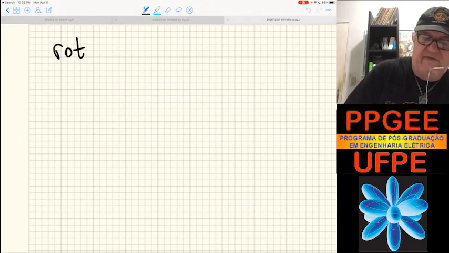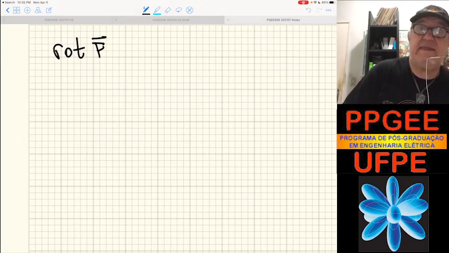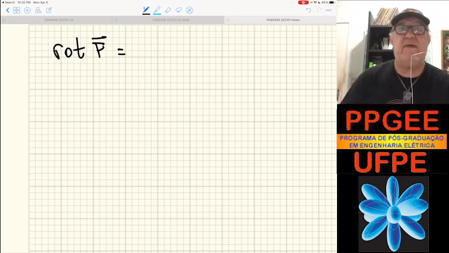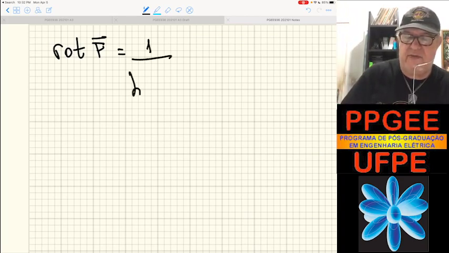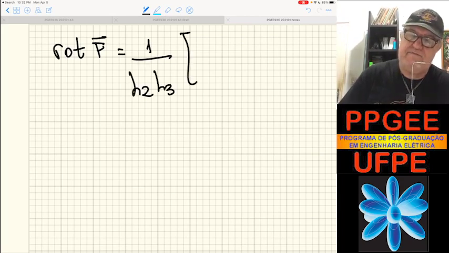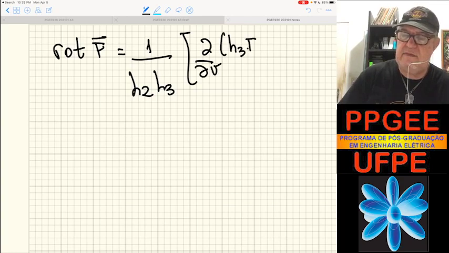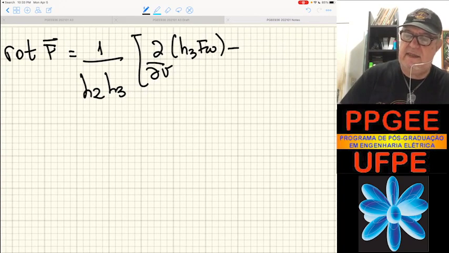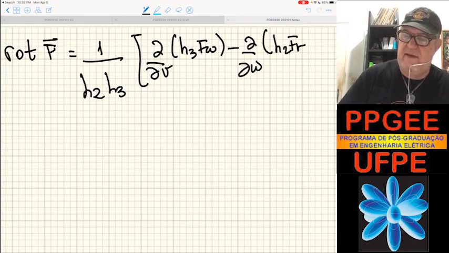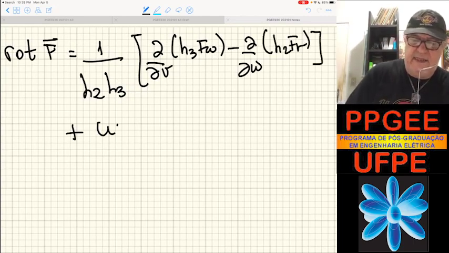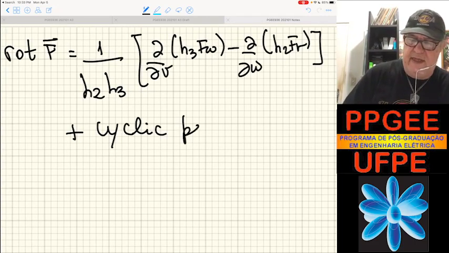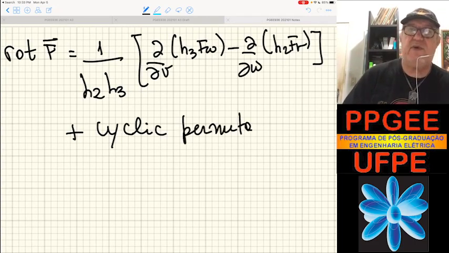Curl of F in a UVW system is going to be the second component, which is 1 over H2 H3 times ddv of H3 FW minus ddw of H2 FV, plus cyclic permutations.